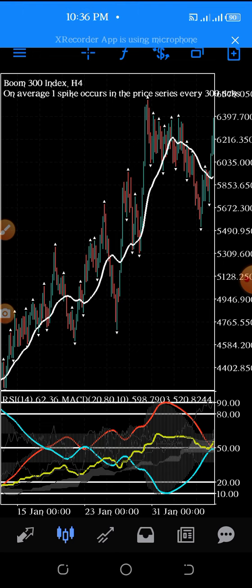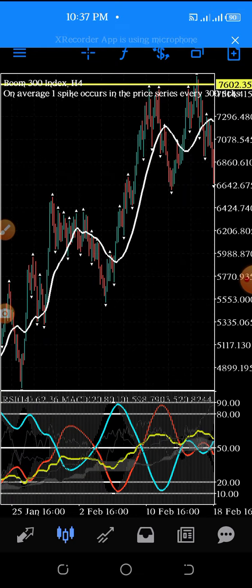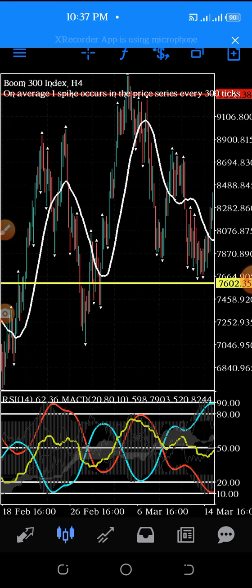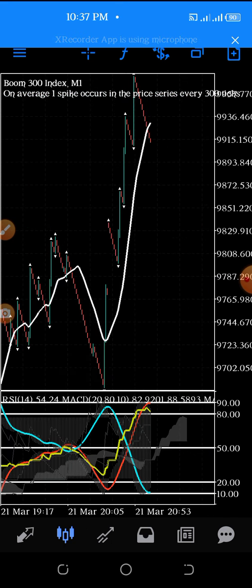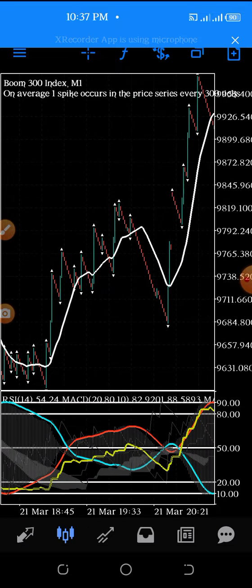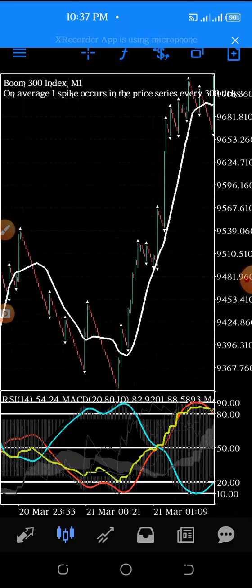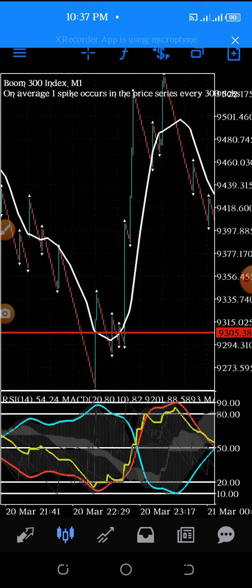The best signal is a pin bar formed either at the support or resistance level in H4. Don't just go to the 1 minute time frame and say that you have seen a pin bar formed at the resistance level.